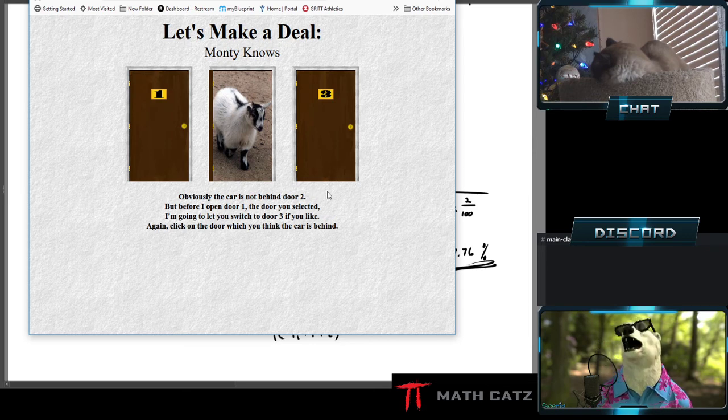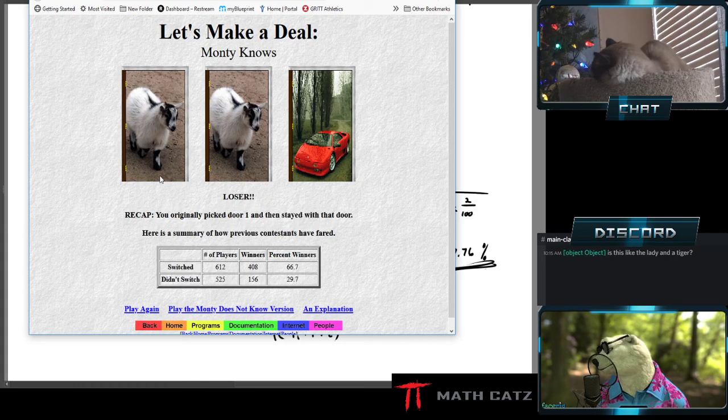They're going to show you the goat and then ask you, do you want to switch to door three or do you want to stay with your selection? You can then decide, ooh, seems to be 50-50. I'm going to stay. And I get the goat. I should have switched. I'm a loser.